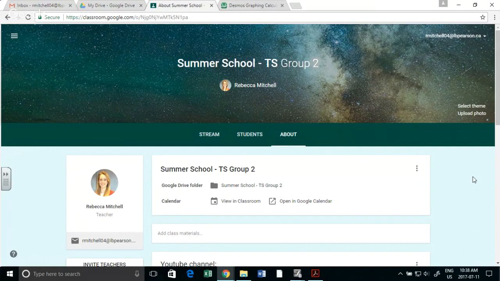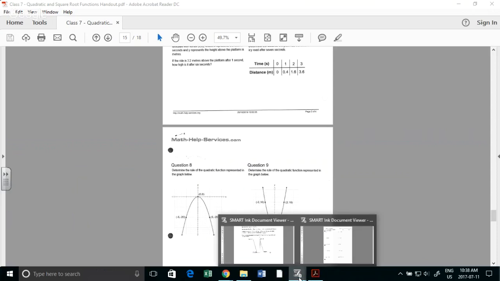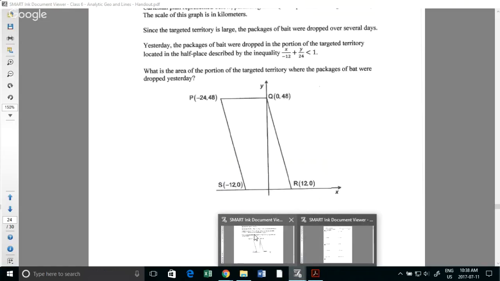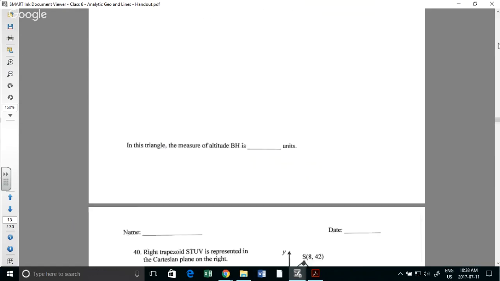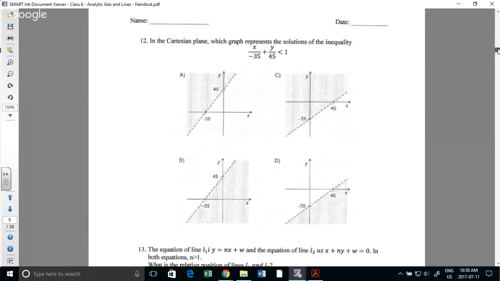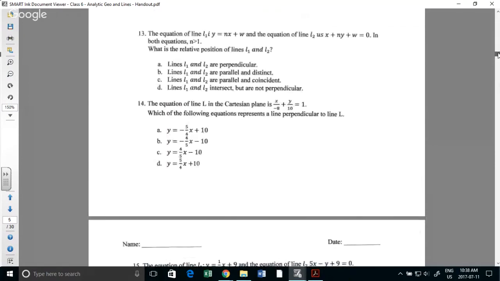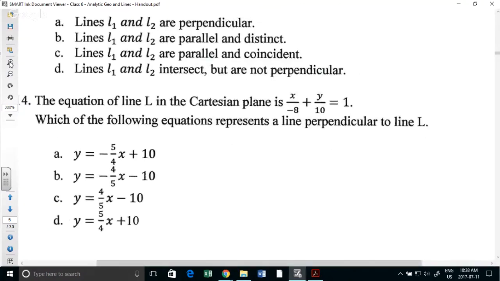Number 3 on the Google form. Okay, and handout 6, number 14. Assignment 6, number 14, this one.